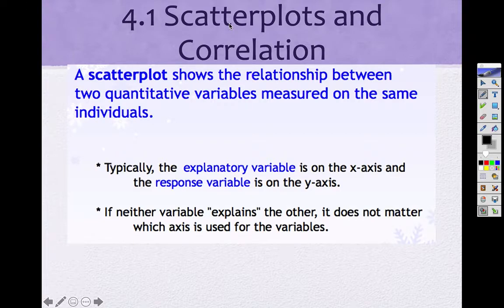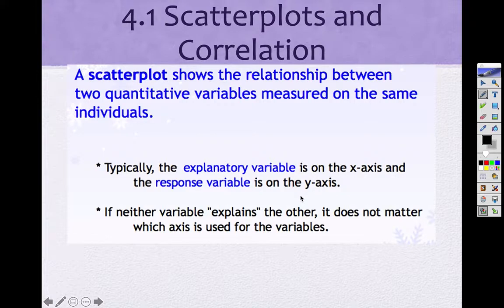So typically we have an explanatory variable and a response variable. Our explanatory variable is typically the x variable, and our response variable is typically the y variable. If we think that one of the variables either comes first or explains the other variable, it should be the x.